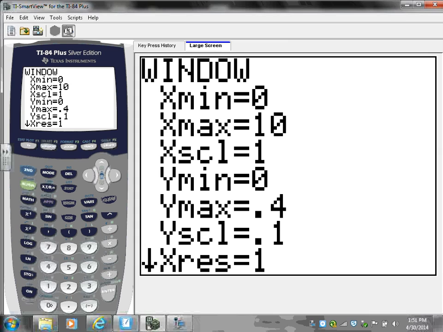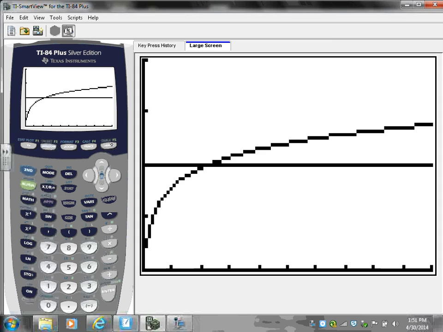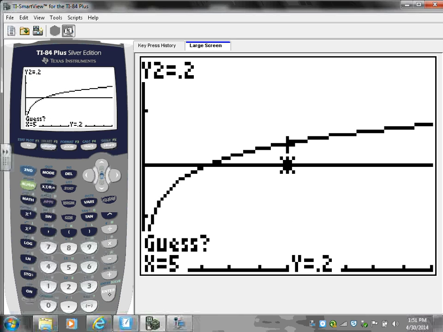This might be enough. And sure enough, here's my log function. Here's my slope of 0.2, and I can find my intersection pretty quickly that way. So I'm going to go second trace, choose number 5, and I should be able to just hit enter 3 times here. And I get a value of 2.226, which I now need to interpret.